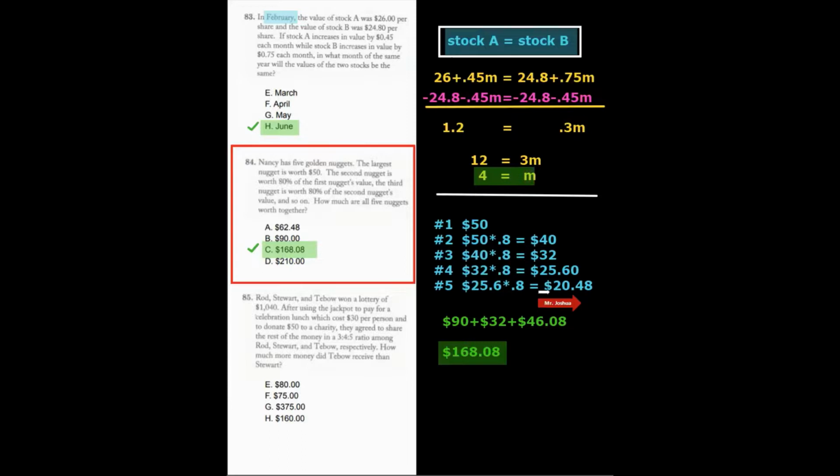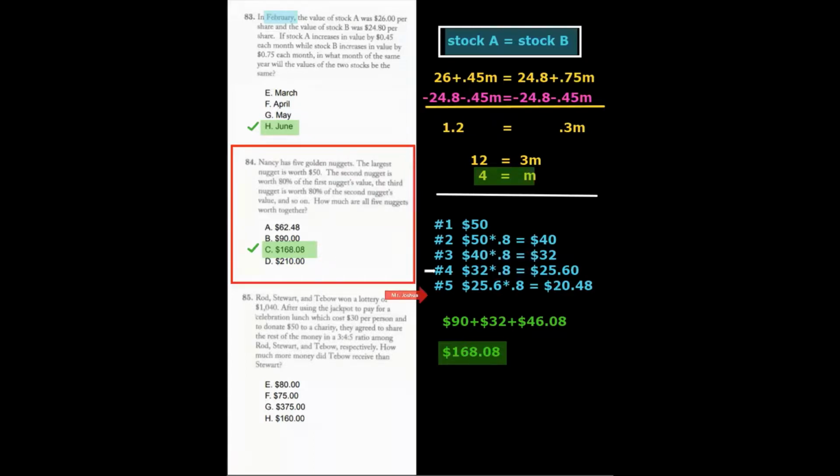Move the decimal 1 to the left from 204.8, and we'll get 20.48. So this is right because each gold nugget is worth 80%, so it should be depreciating. This is a decay in value. So the last one is the least valuable, each time multiplying by 80%.